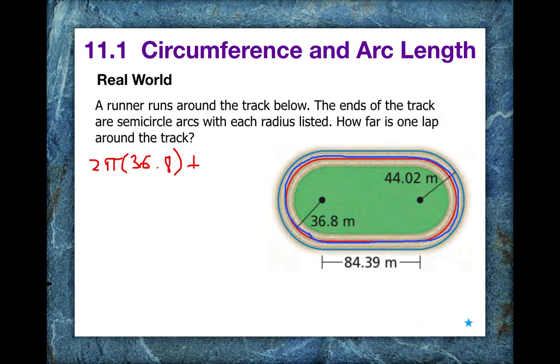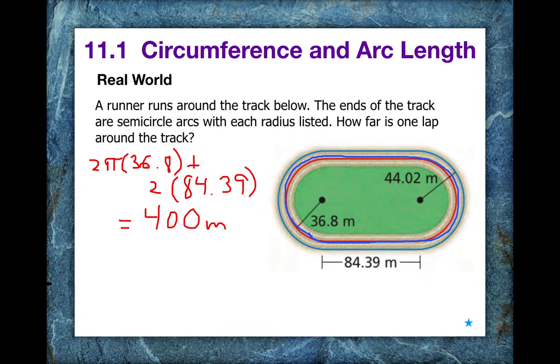So there's a straightaway here and there's a straightaway here. So we're going to have 2 of those. So plus 2 times 84.39. And when we add all that together, we get the perfect number, 400 meters. So one lap around the track is going to get you 400 meters.